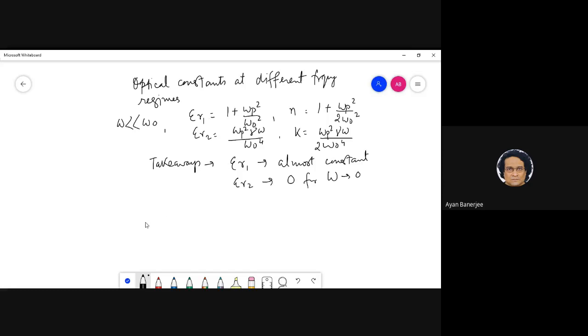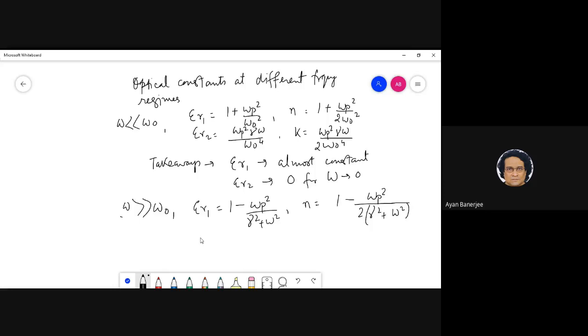Now if I write down for omega greater than omega 0, we basically write your epsilon r1 as 1 minus omega p square over gamma square plus omega square, which means your n is just omega p square by twice gamma square plus omega square, right?